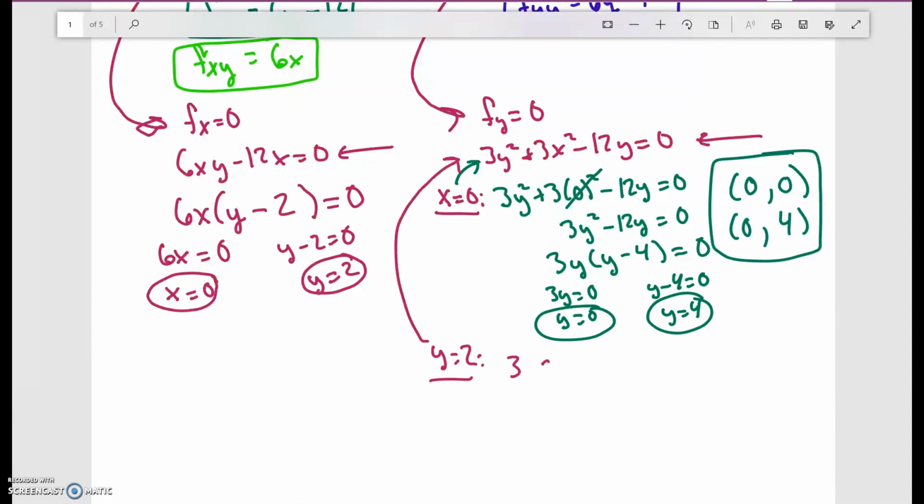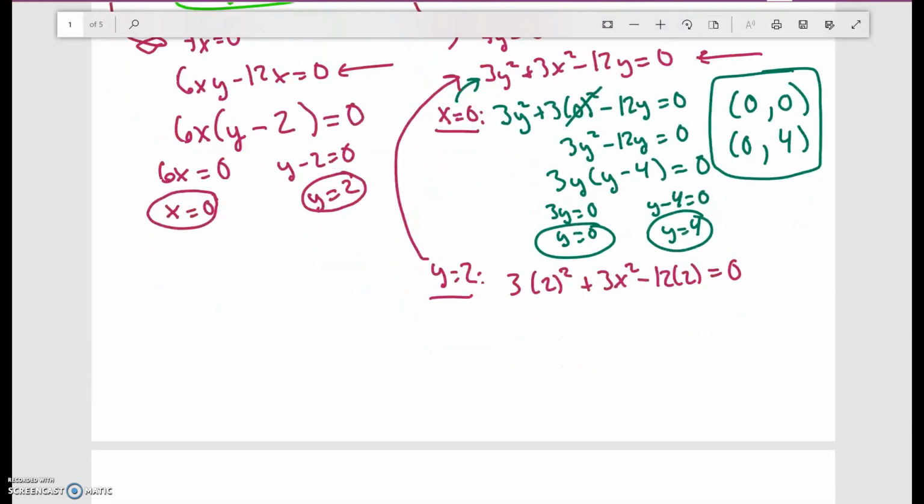So 3 times 2 squared plus 3x squared minus 12 times 2 is equal to 0. Okay, so what is this going to give me? 3 times 4 plus 3x squared minus 24 is equal to 0. This is going to give me 12 plus 3x squared minus 24 equal to 0.